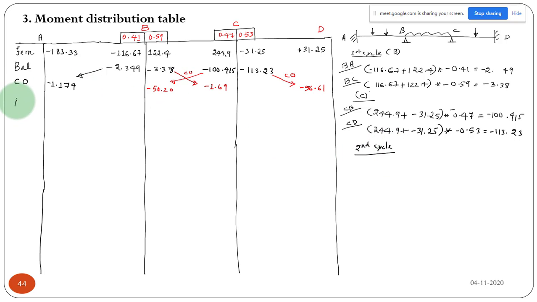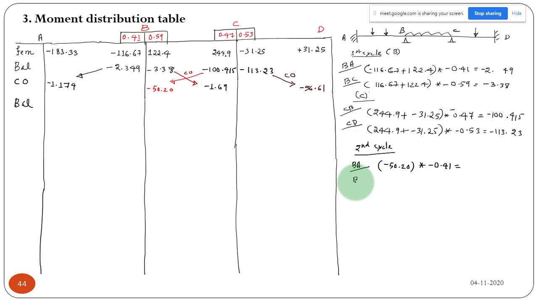Again do the balancing. This time the unbalanced moment is minus 50.2. So how much moment will be distributed to span BA? Minus 50.2, that is your unbalanced moment at joint B in the second cycle, multiplied with negative 0.41.